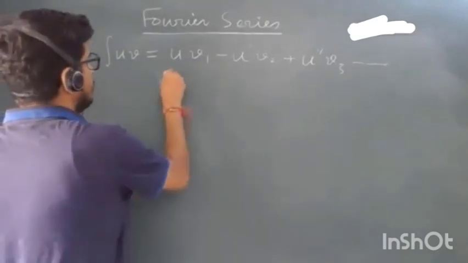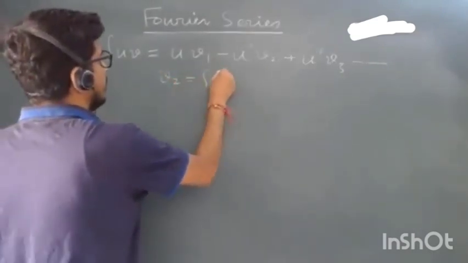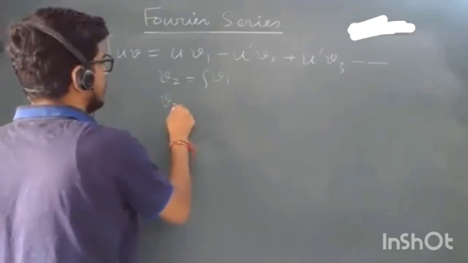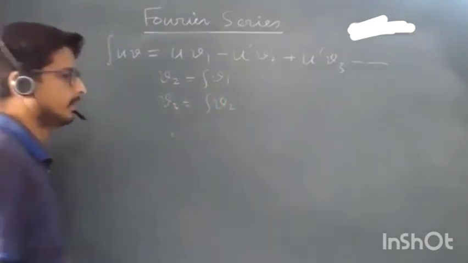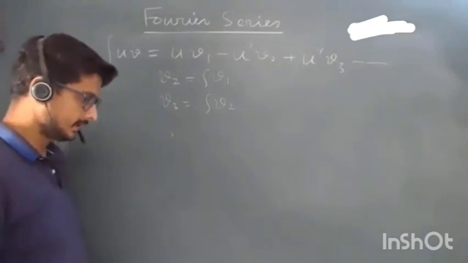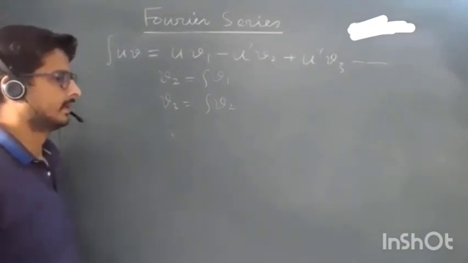This formula everybody knows. What is v2? It is integral v1. What is v3? It is integral v2. Like that. This formula everybody knows. This you will have to use. Correct? Yes, sir.